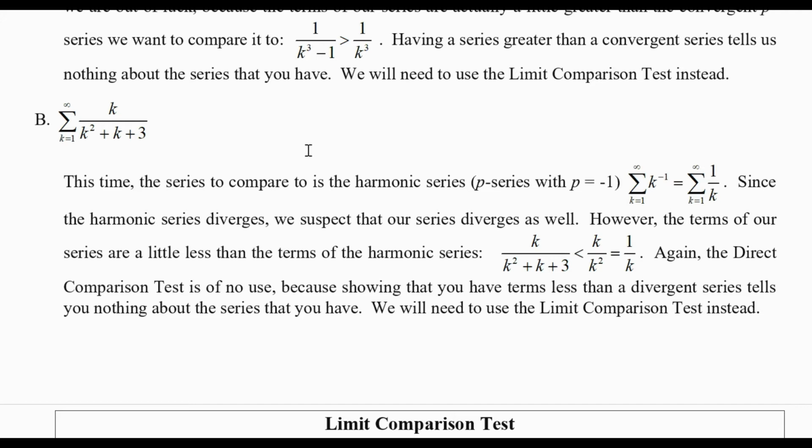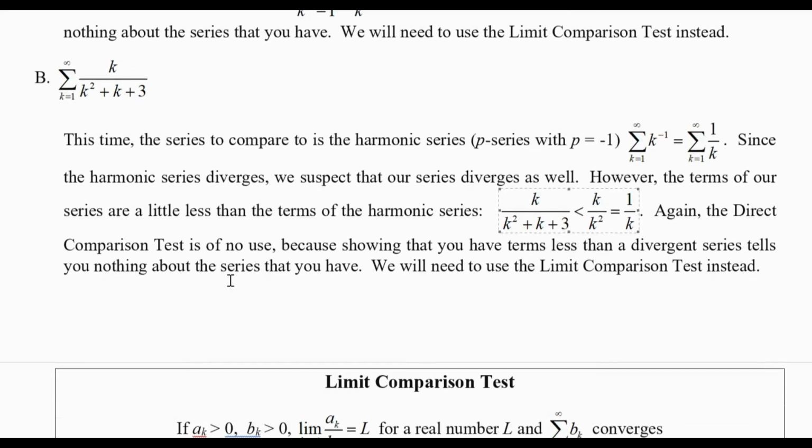So k over k squared plus k plus 3 is less than k over k squared, which is 1 over k. Oh, that's a bummer because it's in the wrong direction. So again, the direct comparison is of no use because showing that you have terms less than a divergent series really tells you nothing about the series you have. So we need to use the limit comparison test instead.